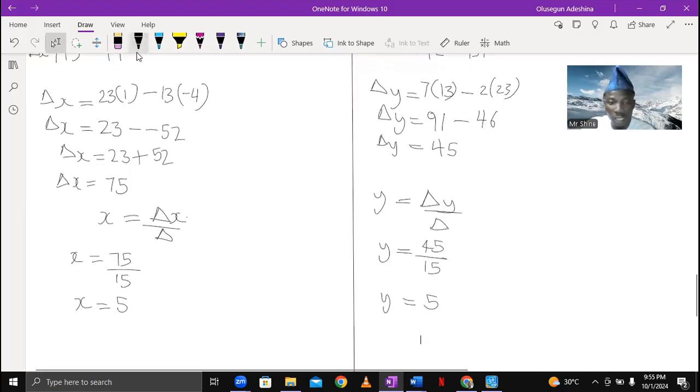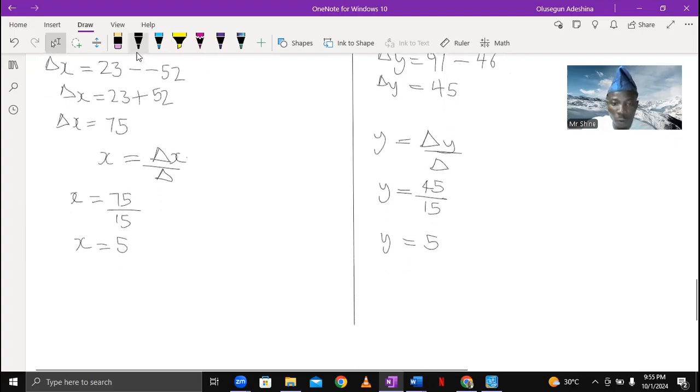So y will be equal to 3, since 45 over 15 is 3. Now we can conveniently say, therefore, x is equal to 5, while y is equal to 3.